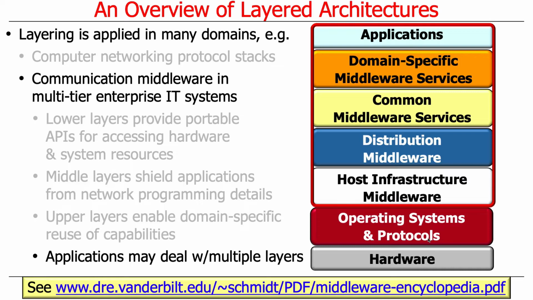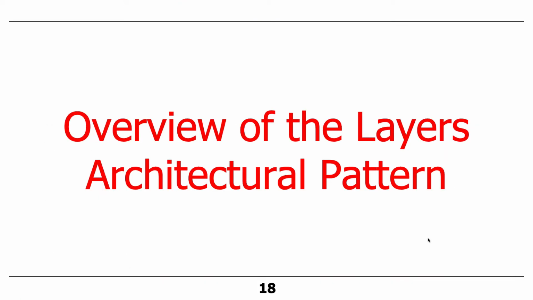If you start doing things with enterprise Java Beans or Spring, then you're moving up into the common middleware services and distribution middleware portions, where the distribution aspects are hidden from you by the underlying capabilities provided by the frameworks. So all of that is really just to provide you with some concrete examples of the more generic point here, which is the concept of layering.